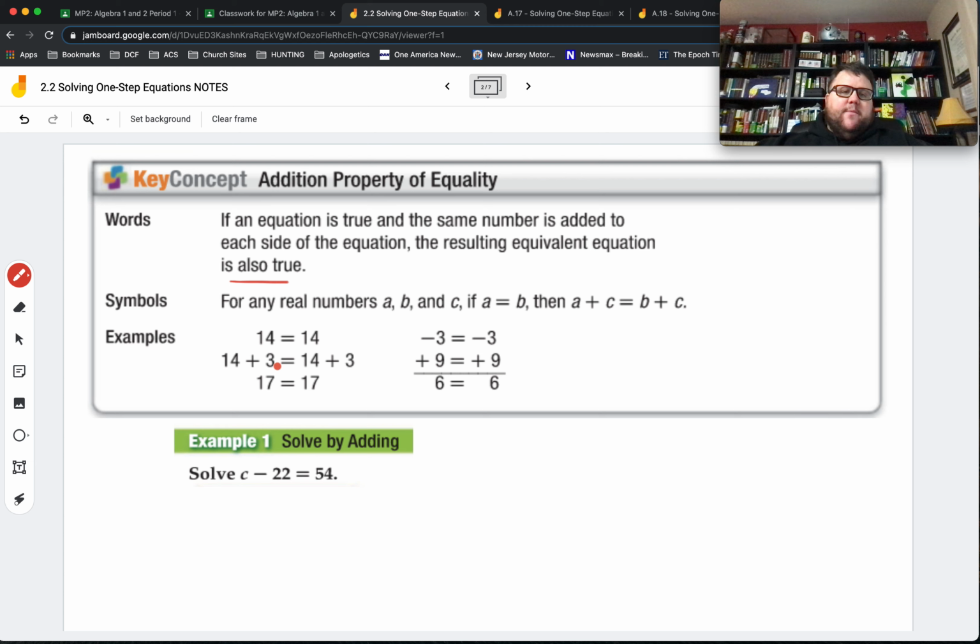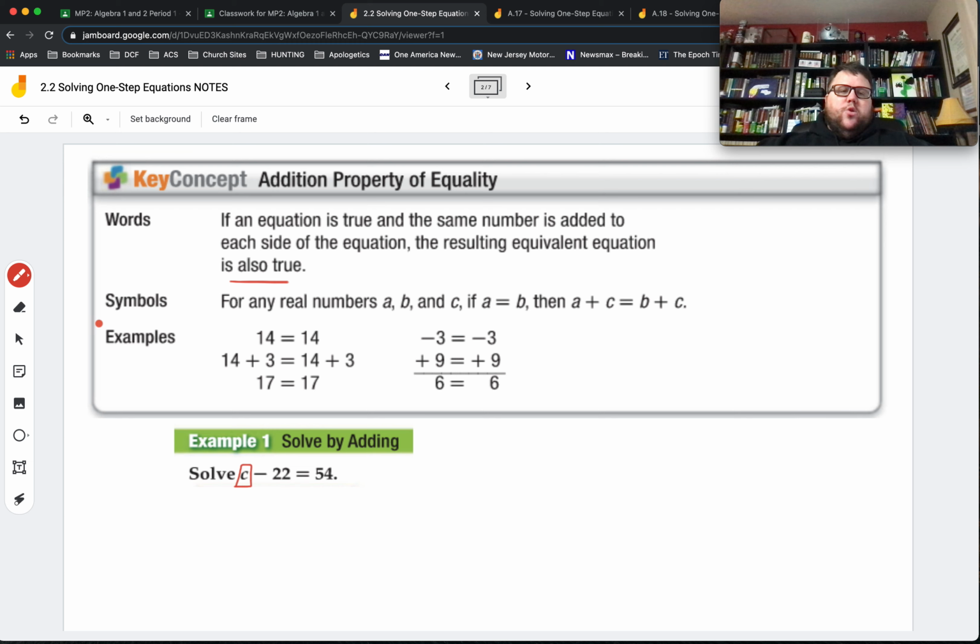So 14 plus 3 equals 14 plus 3, 17 equals 17. So we're going to do this and you're going to see. What we have here is C minus 22 equals 54. I want to get C by itself, and the way I do that is I need to move this minus 22 to the other side.